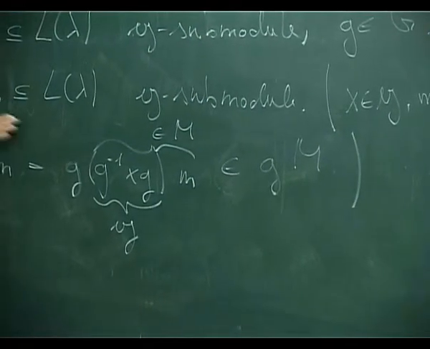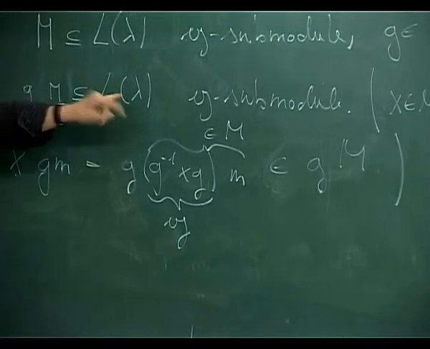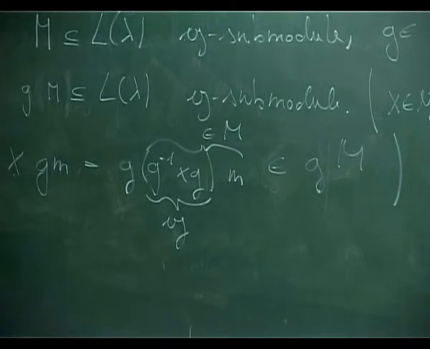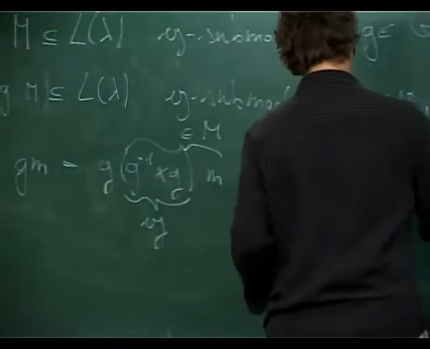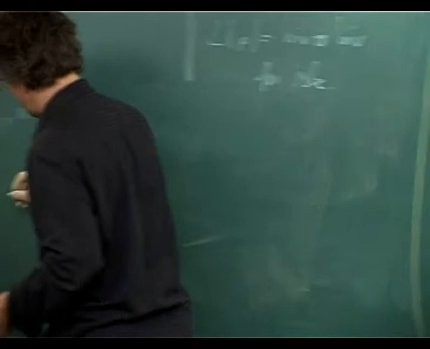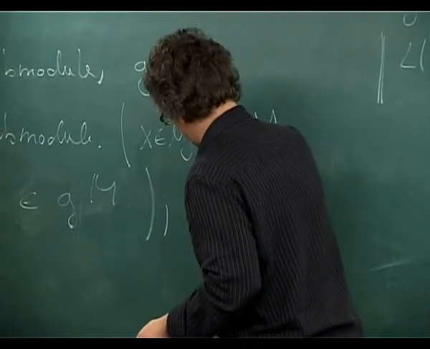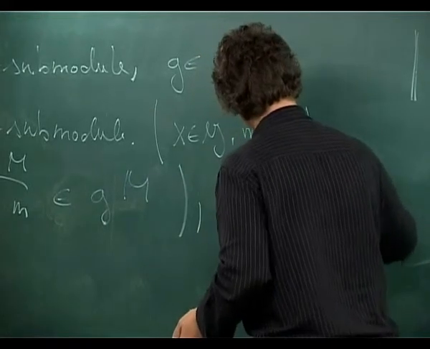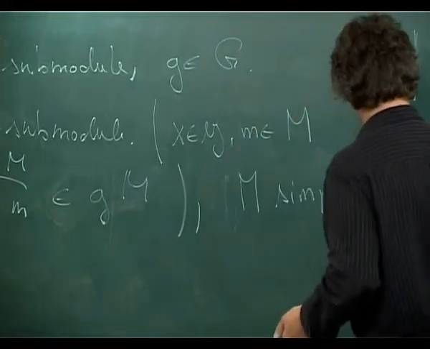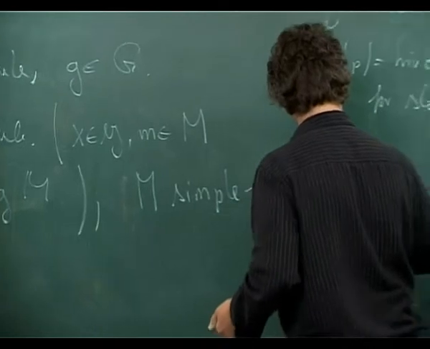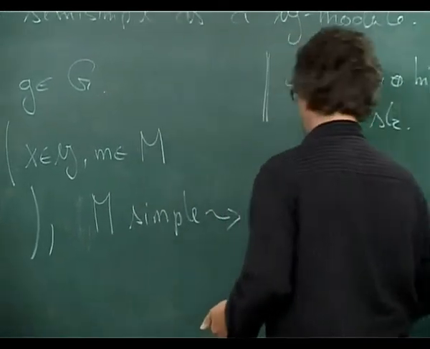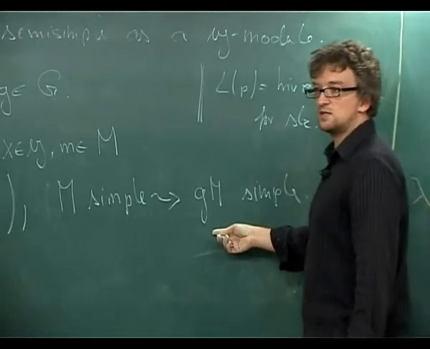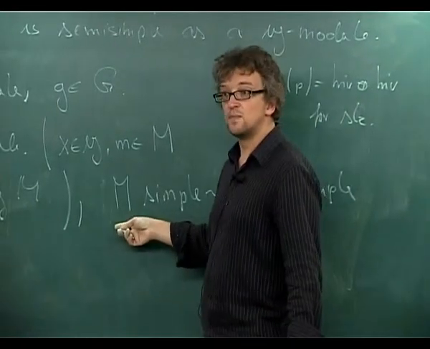So you see gM is stable under the operators coming from the Lie algebra, so it's again a submodule. That means the following: if M is simple, then gM is simple as well. Well, if gM has a submodule, by applying g to the minus 1, you would get a submodule of M.